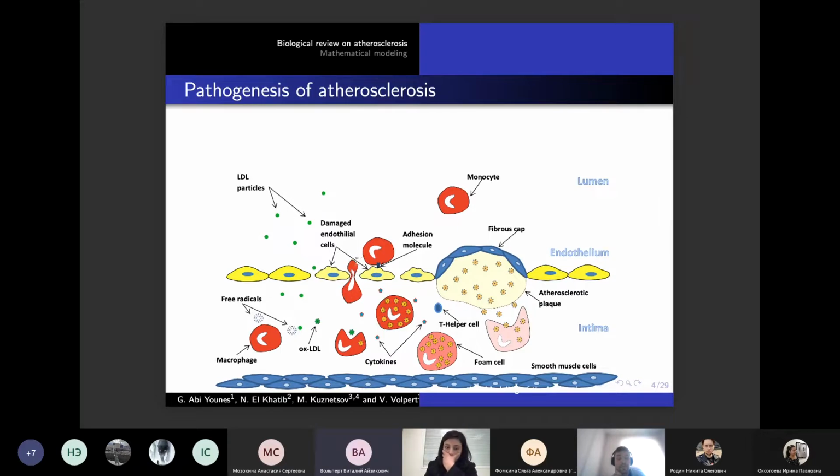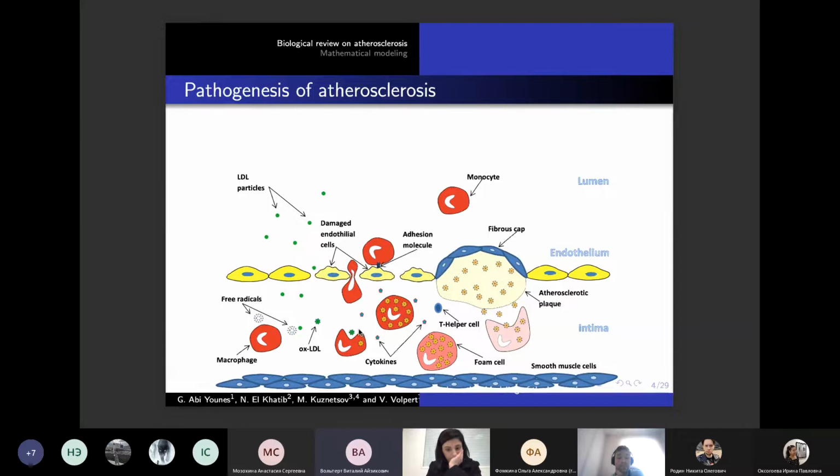They come to the place of inflammation where these receptors are activated, and these activated receptors stop the rolling monocytes. The monocytes stop and penetrate inside the blood vessel wall, the intima, as Gada shows with the cursor. So monocytes penetrate the vessel wall from the blood flow. After that, they become macrophages and phagocytose all these lipids, oxidized things like that.